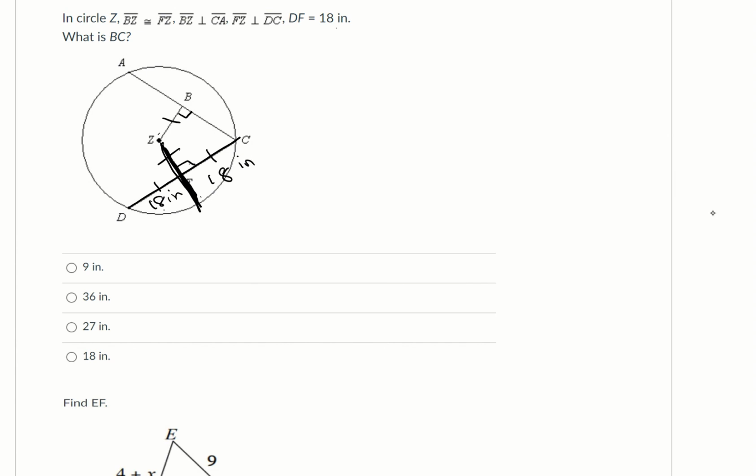There's also another theorem that states that if the distance from the center to two chords is the same, then that means the two chords must be the same length. And so these are cut in half, but the theorem states that this is also congruent to this chord. And so these have to be the same length, 18 inches. So that means BC is actually 18 inches.